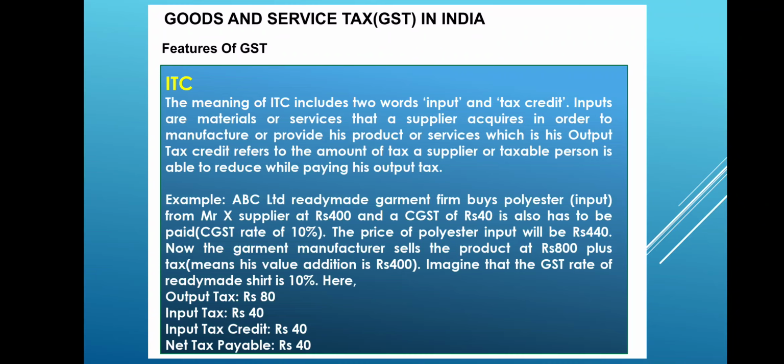So at the time of sale, he has paid rupees 80. So input tax credit is 40, because the formula for ITC is output tax minus input tax. So 80 minus 40 is equal to 40. So the balance net tax payable is rupees 40. That means he has to pay the next 40 rupees to the government.